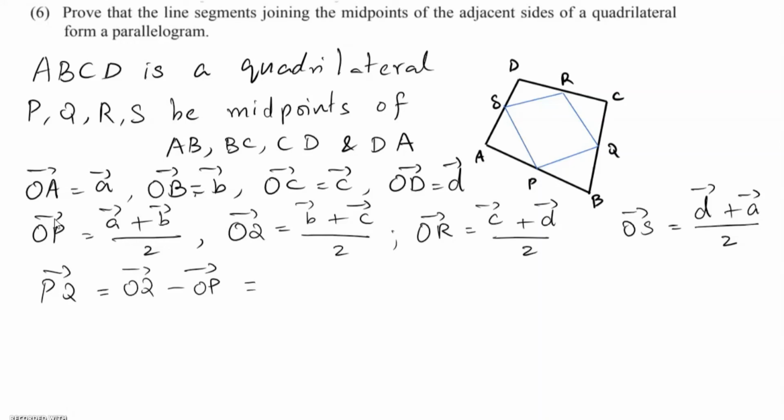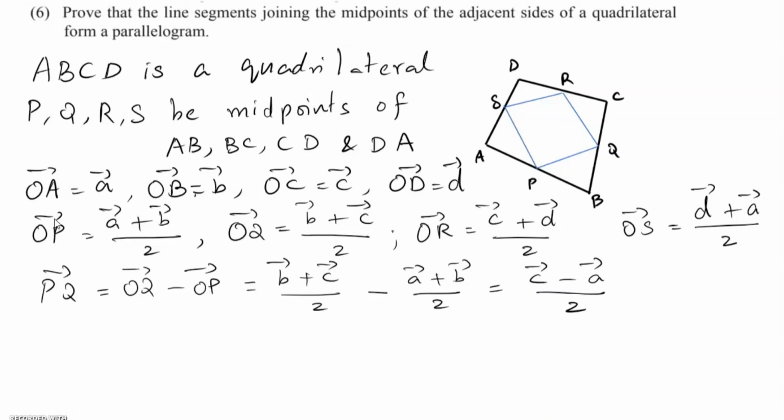Further substituting the values of OQ and OP, that would be vector B plus vector C divided by 2 minus vector A plus B divided by 2, and that's equal to, B and B will become cancelled. So you'll be left with vector C minus A divided by 2.